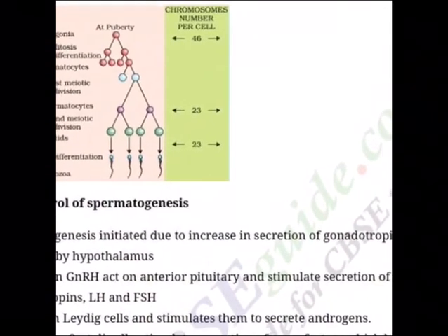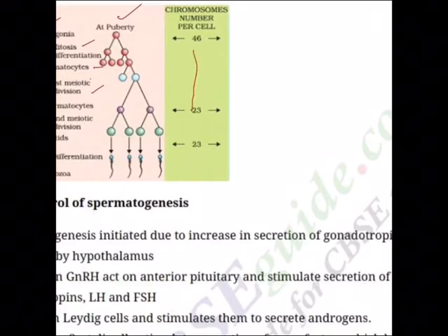This is how spermatogenesis takes place under the influence of hormones. Puberty is the time at which the testes become mature and start producing sperms. The spermatogonia undergo mitosis to start with and form many primary spermatocytes, but the chromosome number is maintained at 46. The primary spermatocytes become secondary spermatocytes by undergoing the first meiotic division, which is always a reduction division, RD.